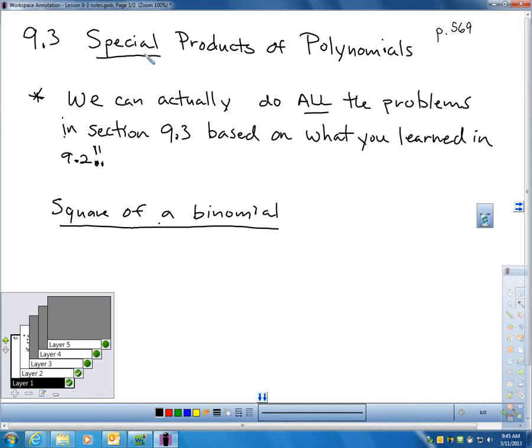Now you might be like, well, if I can do every problem based on what I've already learned, why do I need to know the shortcut? I guess what I would say as a teacher is that those people who really understand the shortcuts well are going to be able to do the problems quicker, and that's what I would call the A and B students. That means you are not just doing the average. You are more on the high end, or the elite end, of what you can do.